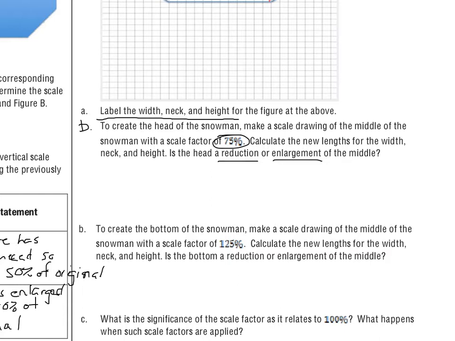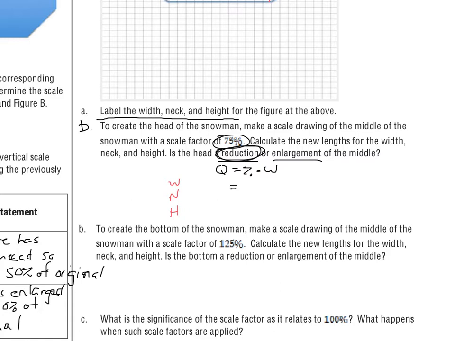At this point, you and your teammate should have identified that if something is 75% of the original, it's going to be smaller. It's some fraction of the original, and so this should be a reduction. Alright, so looking at this, we're going to use Q is equal to percent times whole. Our whole is always our original, and so what we'll do here is we'll go ahead and do a calculation for the width, the neck, and the height.